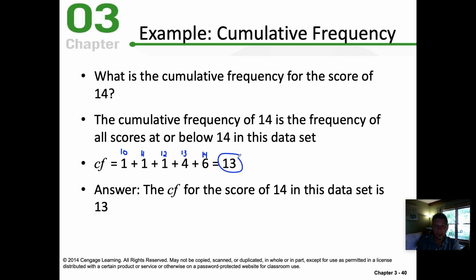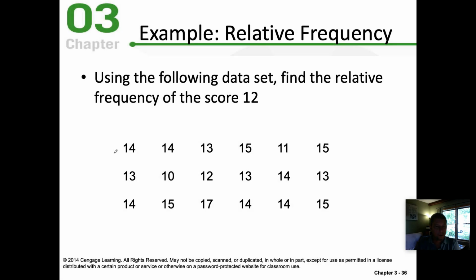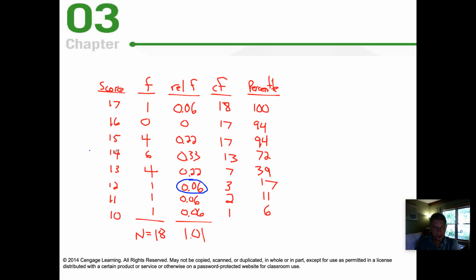Now, if we go back and look at our data set, the cumulative frequency of 14 is, look at that, the same number, 13. So that's the cumulative frequency. I'm sorry for all the bouncing back and forth. This would be much easier if I had a blackboard in a classroom.